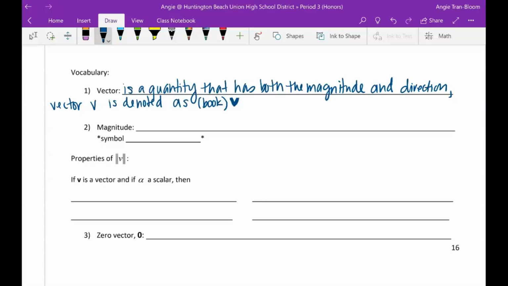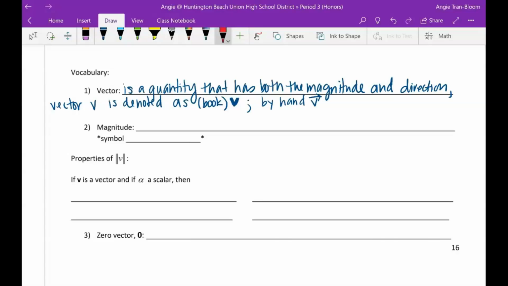Now, because it takes too long to write bold, like shading it in when you're writing by hand with a pencil, we write vector V like this with an arrow.